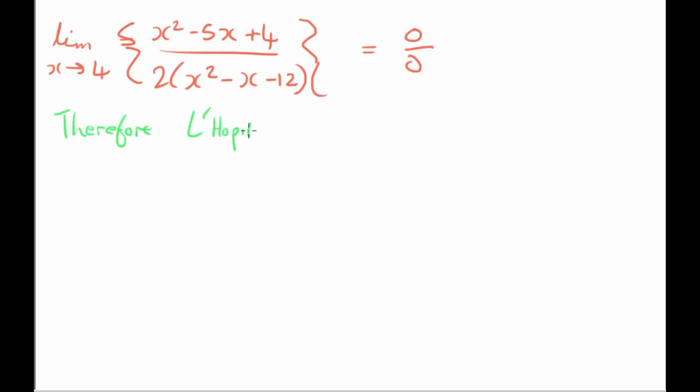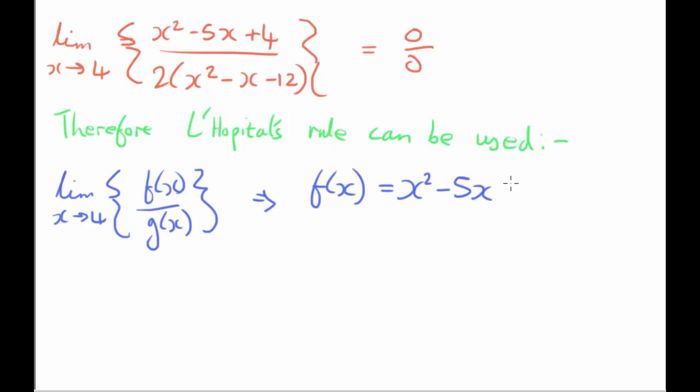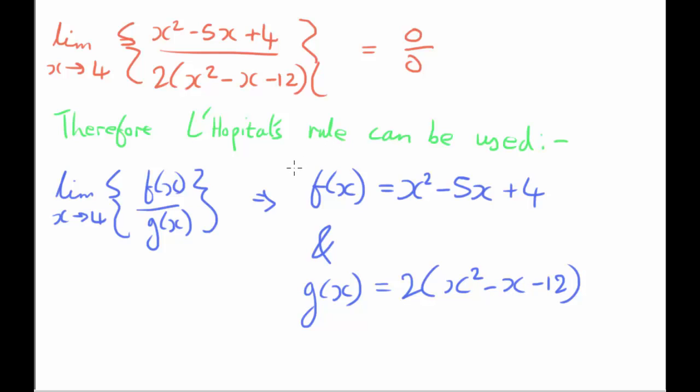Therefore, we can use L'Hopital's rule to get the answer as x goes to 4. Just to show it clearer, f of x is equal to x squared minus 5x plus 4, and g of x is equal to 2x squared minus 2x minus 24, but that's all in brackets, and I simplify that.